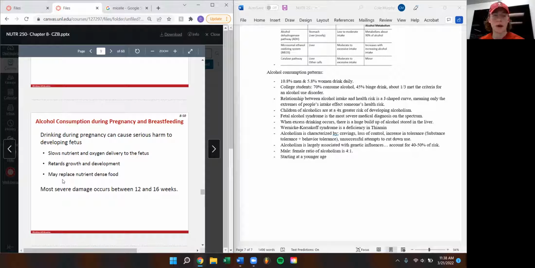Again, connecting micronutrients and minerals to increased alcohol intake.